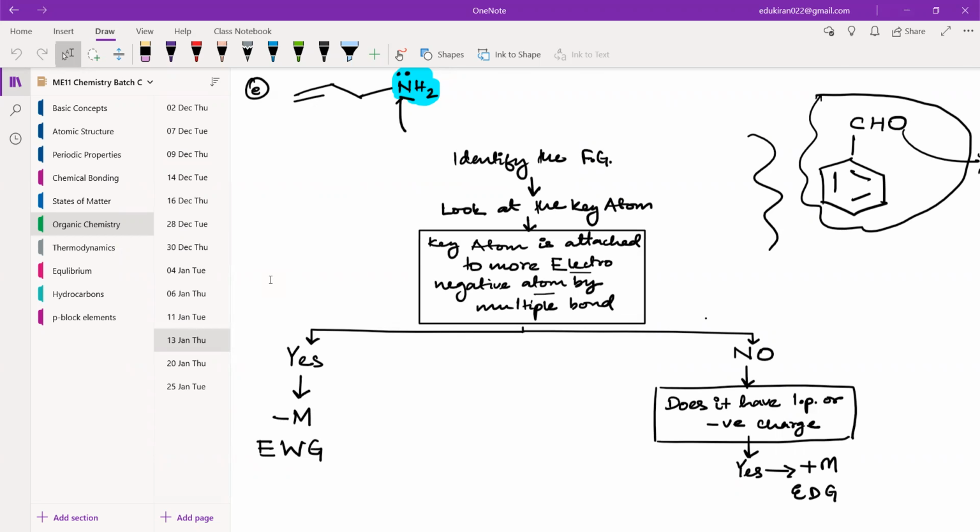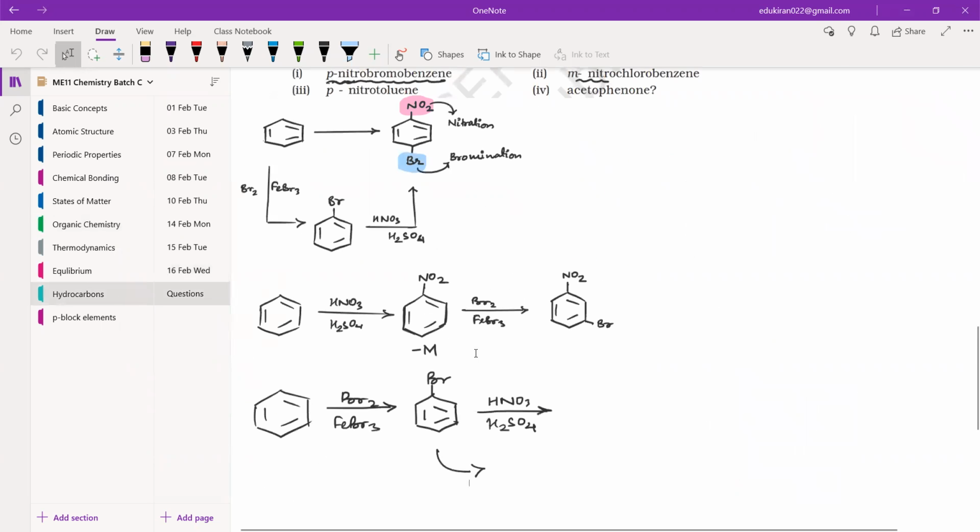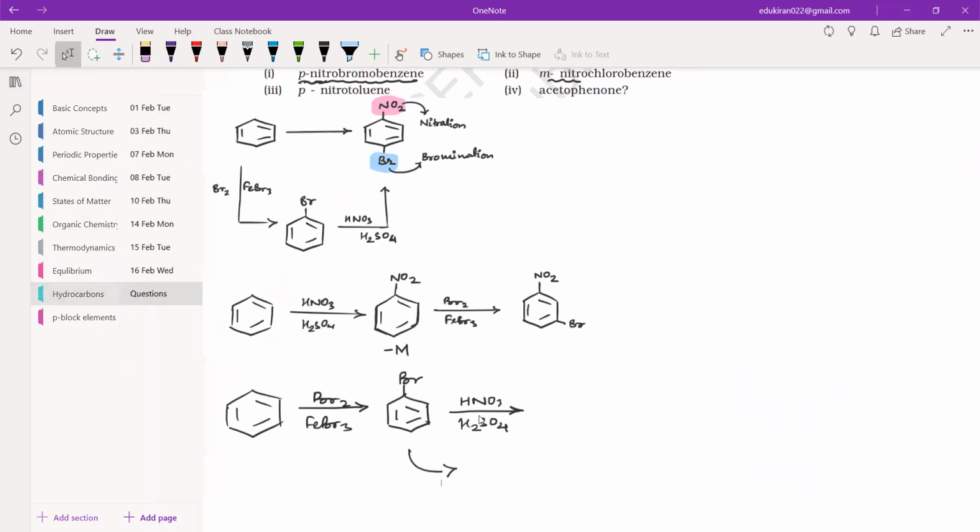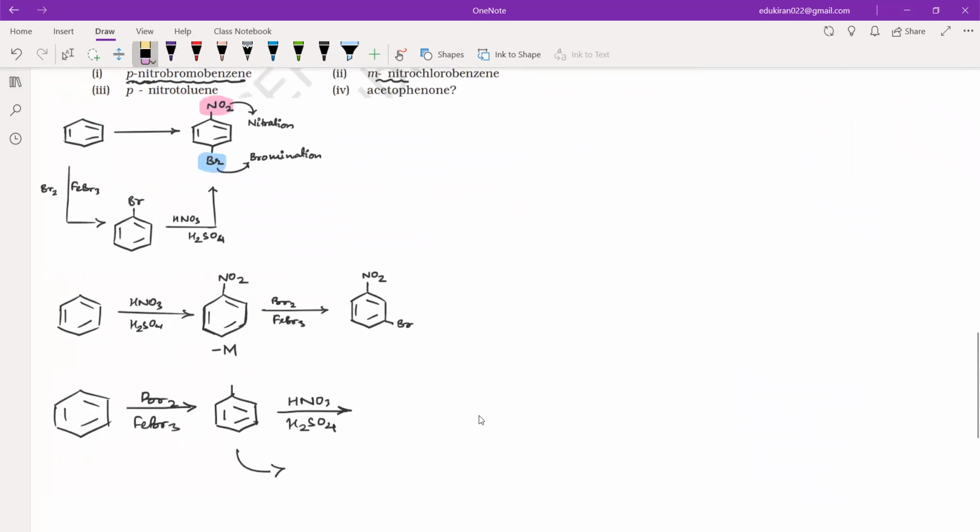Yes, sir, I got. हाँ बताइए फिर. Now you can tell. Now can you tell now? Moving back to hydrocarbons. For Br, tell me plus M or minus M. Plus M. Yeah, correct.